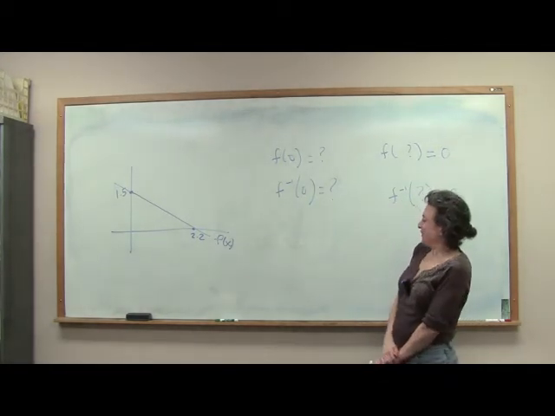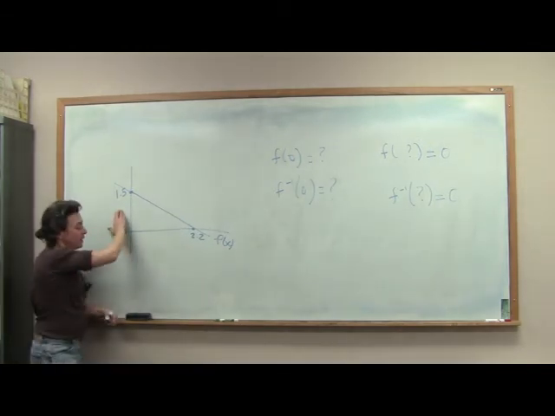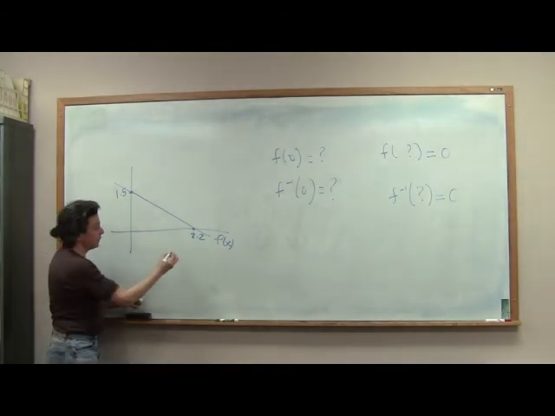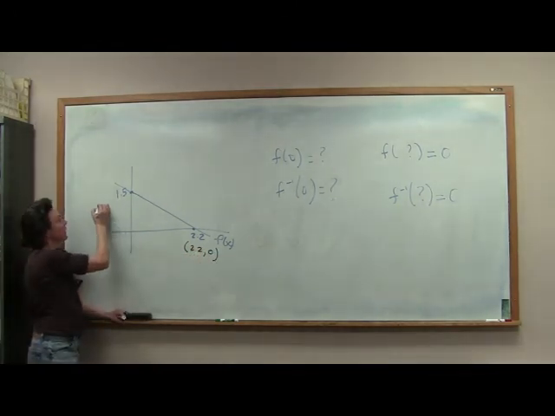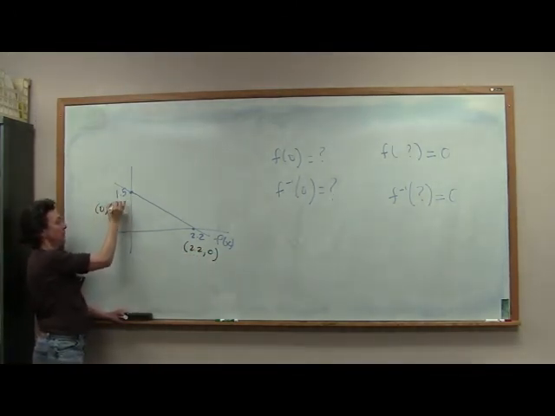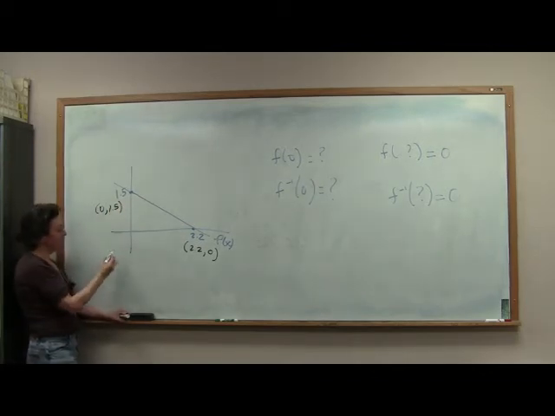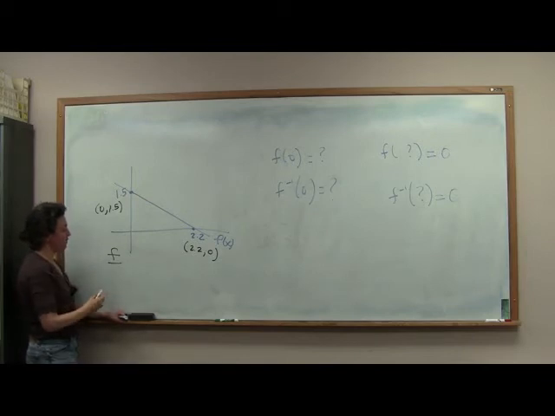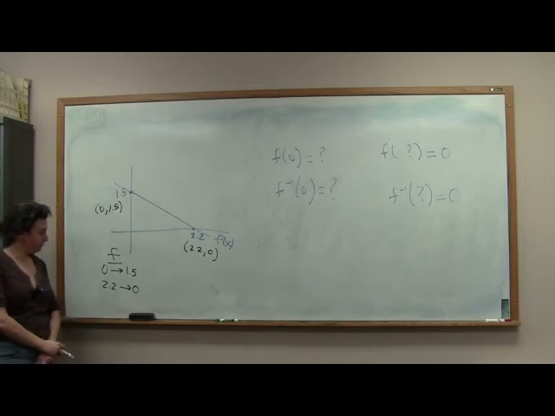Okay, this is fun. First off, both of these are ordered pairs. This is (2.2, 0) and (0, 1.5). It's crucial that you know those, okay? And these are both on my function f, right? So my function f takes 0 to 1.5, and doesn't it take 2.2 to 0?